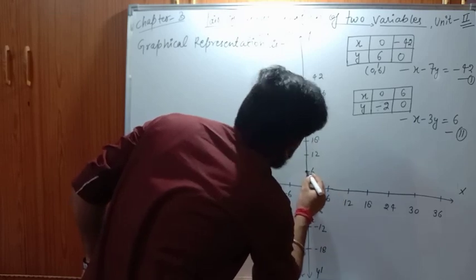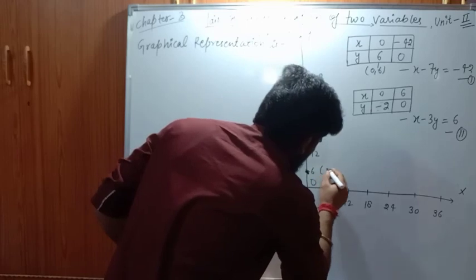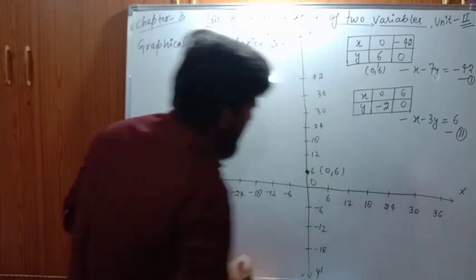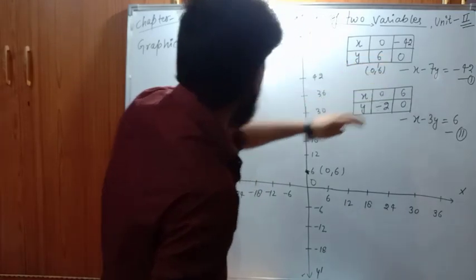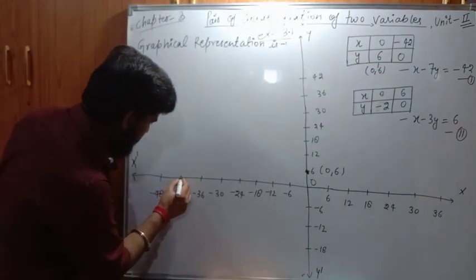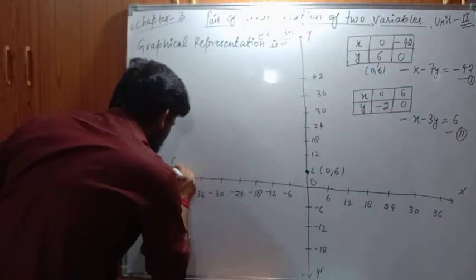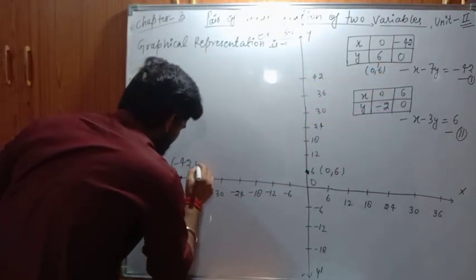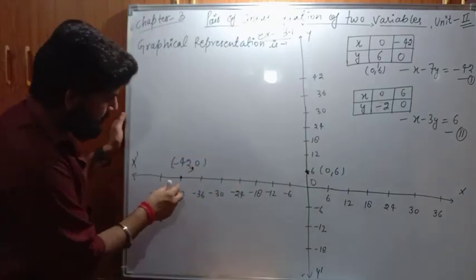So here y is 6 and x is 0. So 0 comma 6. Okay, and x is minus 42, so x is minus 42 is here, and y is 0, so minus 42 comma 0. So here we get 2 points.